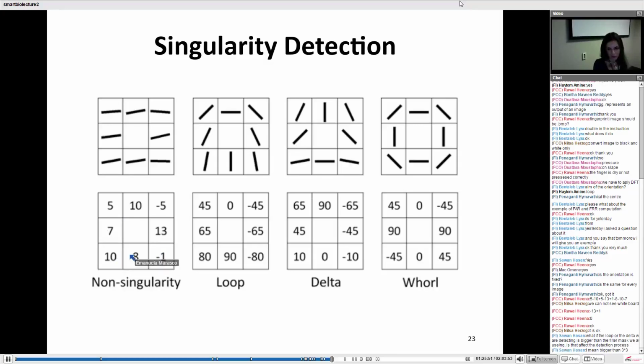So what we are doing here, we have these values, we have the orientation map, right? So this matrix of orientation values. And then we just consider a small area, the neighborhood. So this is not a filter, these are actual values of orientation. So these correspond to the orientation at this point, right?